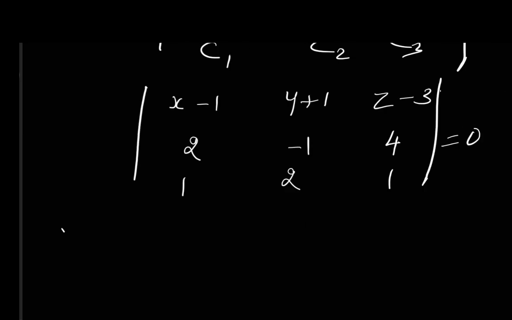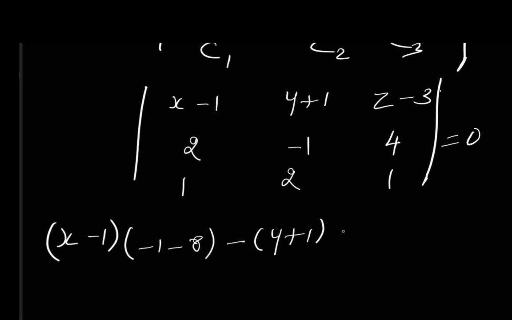We'll solve this equation. x minus 1 into, leaving off this row and column, minus 1 into 1 is minus 1, 4 times 2 is 8, so minus 9. Minus y plus 1 into, leaving off this column and row, 2 times 1 is 2, minus 1 times 4 is 4, so minus 2.